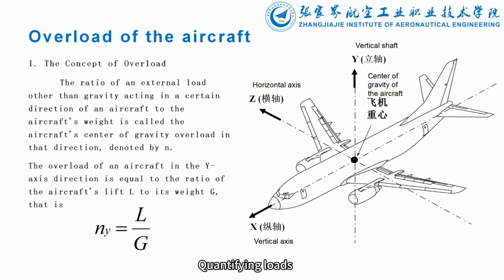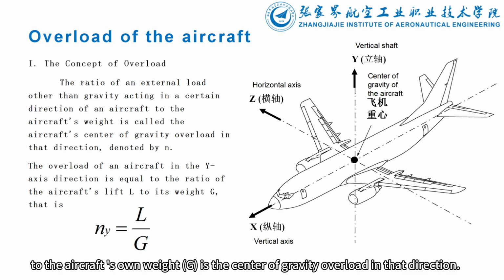Quantifying loads. Introducing the concept of overload to measure more scientifically the severity of the load on an aircraft, particularly its structure, we introduce a very important concept: aircraft overload, or load factor, usually denoted by the symbol N. Definition: the ratio of the resultant force of all external forces, excluding gravity itself, acting on the aircraft in a particular direction, such as upward, forward, or lateral, to the aircraft's own weight, G, is the center of gravity overload in that direction. 2.